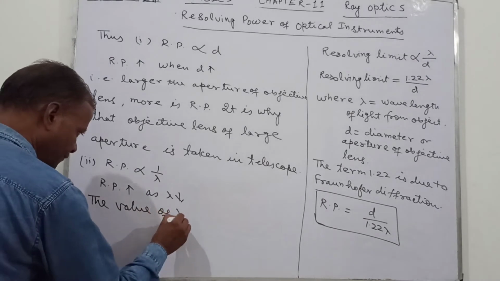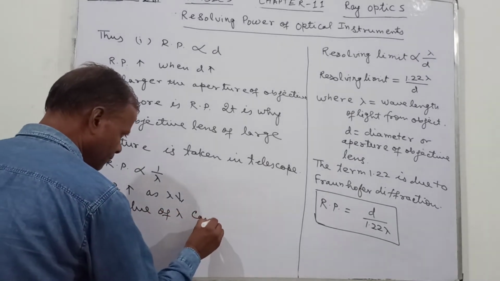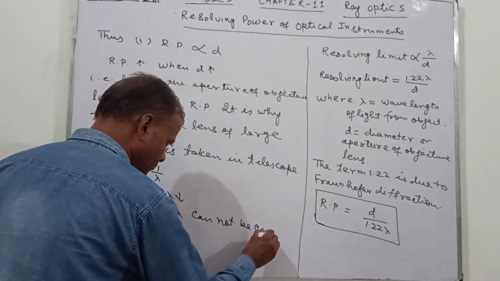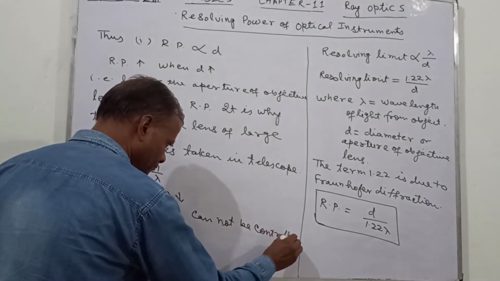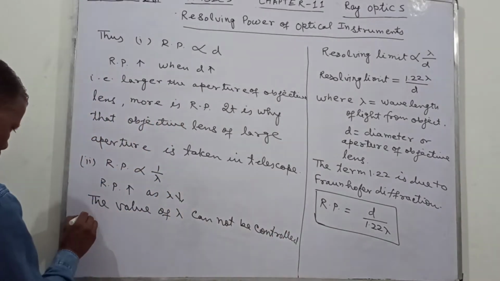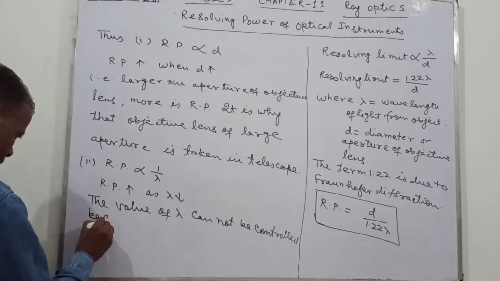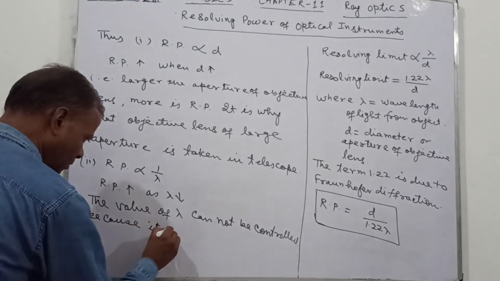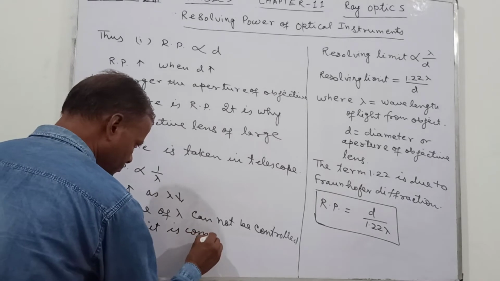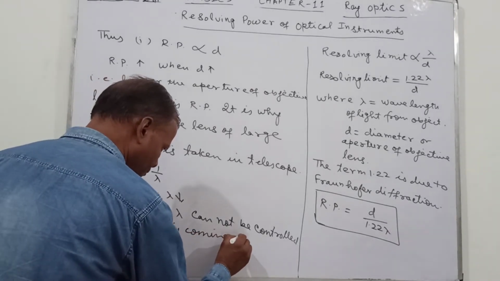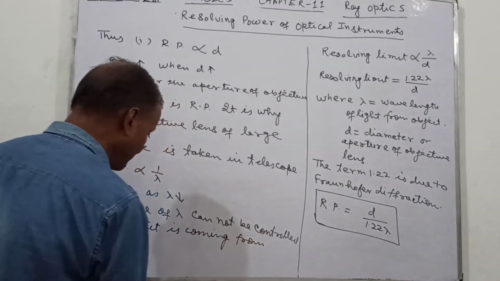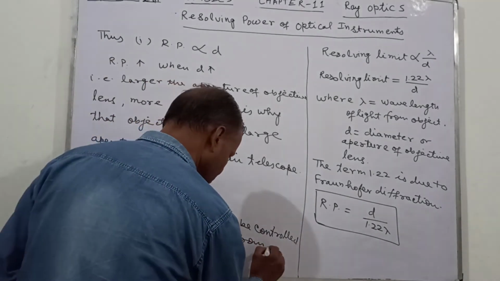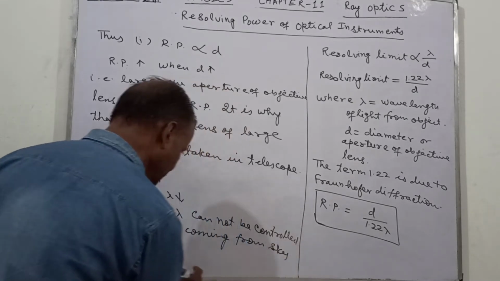The value of lambda cannot be controlled because it is coming from sky bodies.